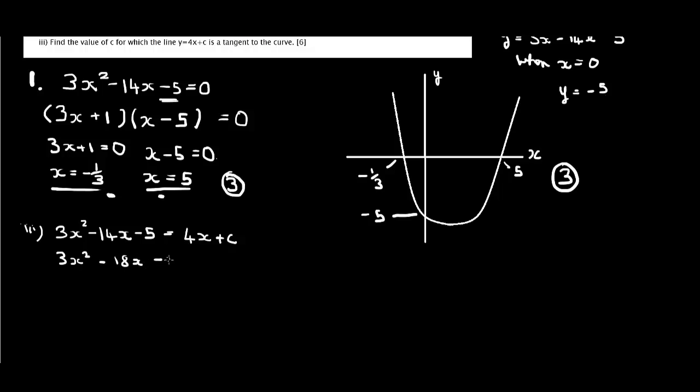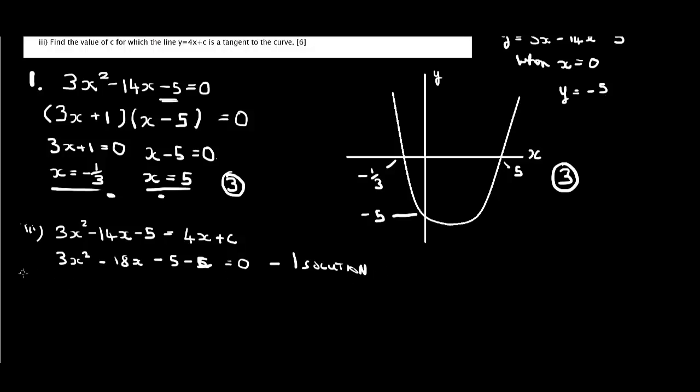Just rearrange that, get 3x squared minus 18x minus 5 minus c equals 0. And because the line is a tangent to the curve, it only touches it once, so there's only one solution.